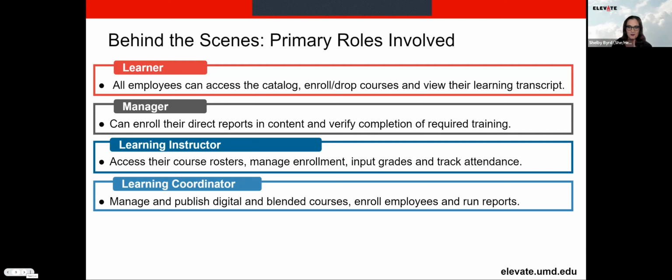We've got our learning instructors who can access their course rosters to manage enrollments, input grades, and track attendance. And then finally, we have our learning coordinators. These are our training partners and our learning champions. So learning coordinators can manage and upload their content, run robust learning reports, and schedule offerings for blended courses.